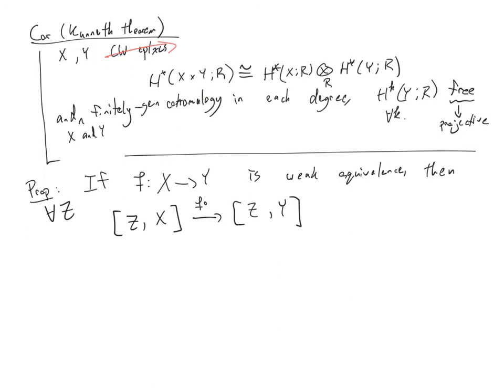This is a bijection of homotopy classes of maps. And the only requirement I need is Z has to be a CW complex. So let's prove that as well.